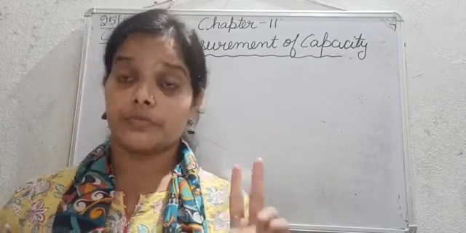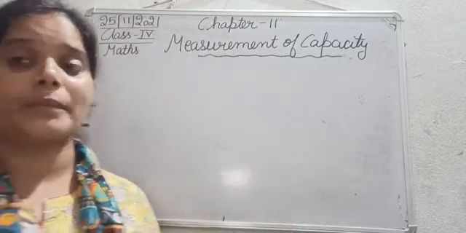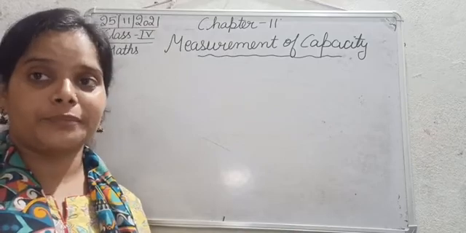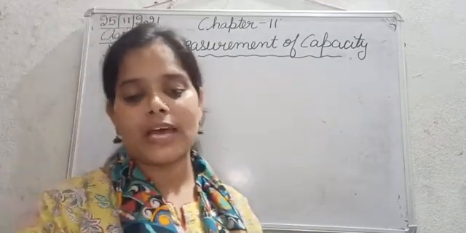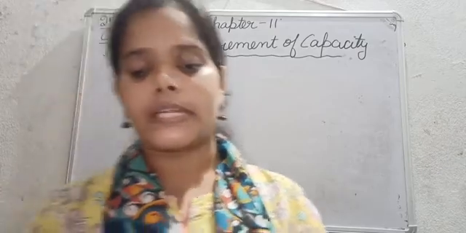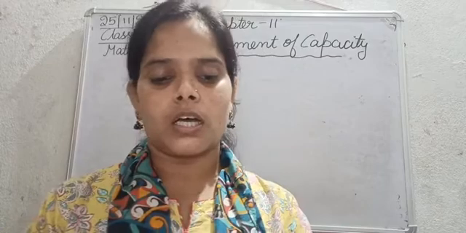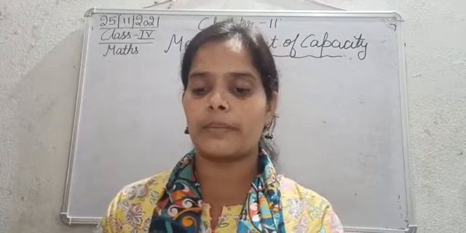As we learned in standard 3, the standard unit for measuring liquid is 1 liter. A liter is further divided into 1000 equal parts. Each small part is called a milliliter.